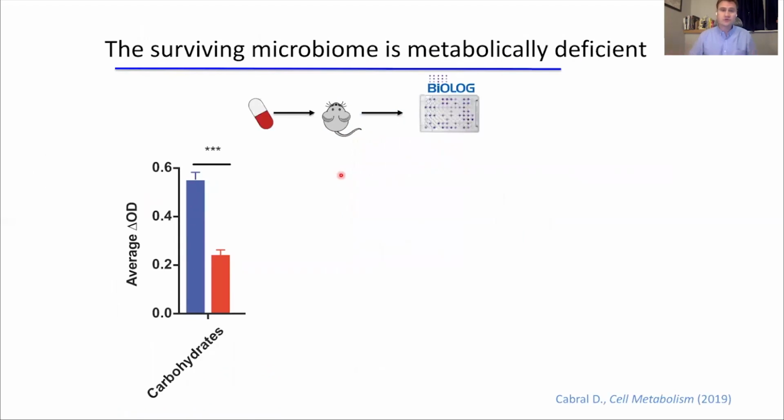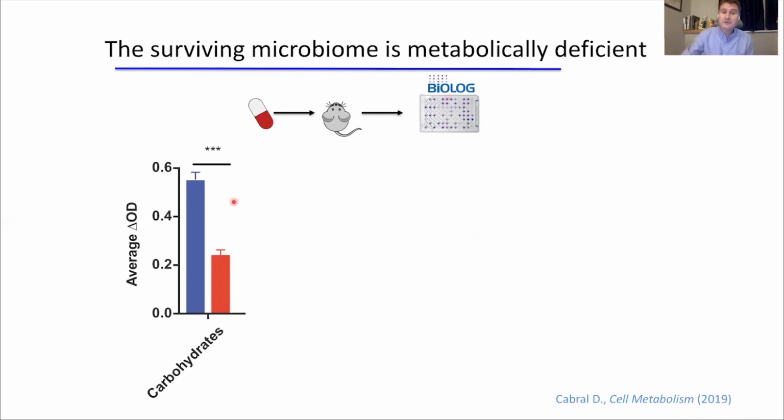Next, we did this really cool experiment, probably my favorite experiment. I'm so glad that Damien suggested that we do it: we gave mice amoxicillin for a day. We took their cecal microbiome, extracted it, and then put that on these Biolog plates. So essentially, there's 96-well plates that have different carbon sources, mostly simple sugars, amino acids, things like that.